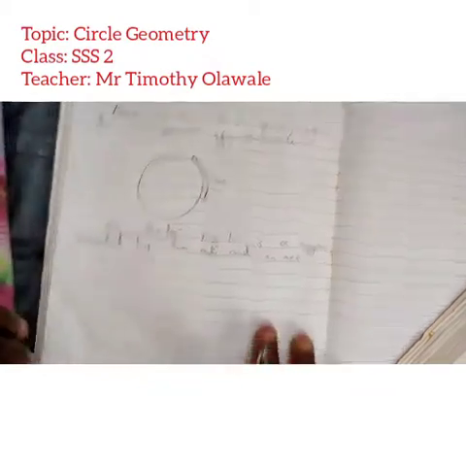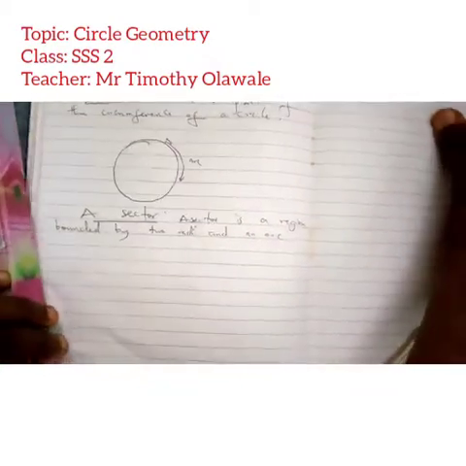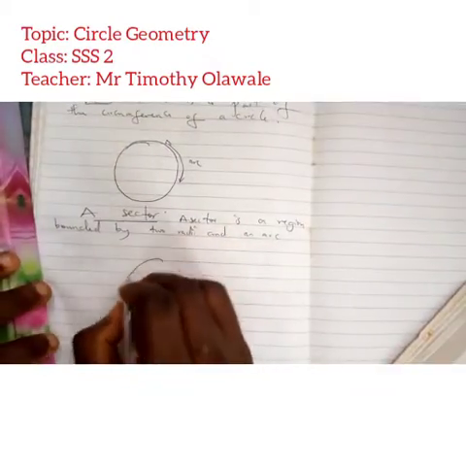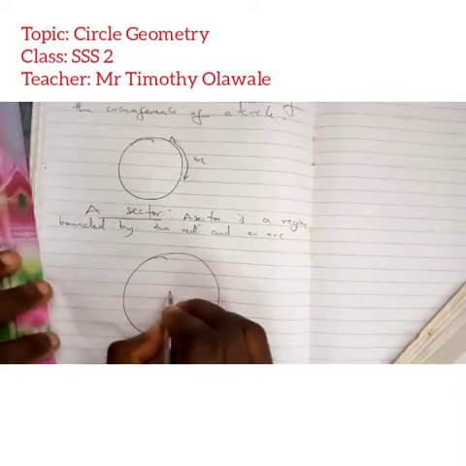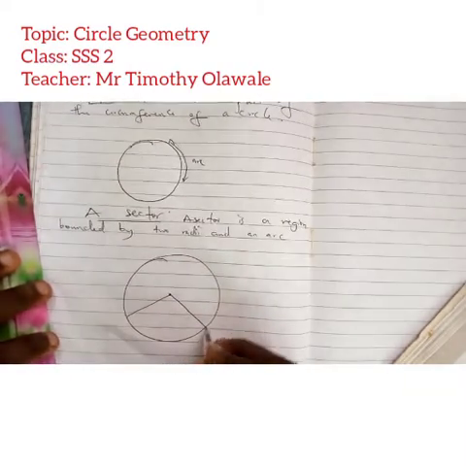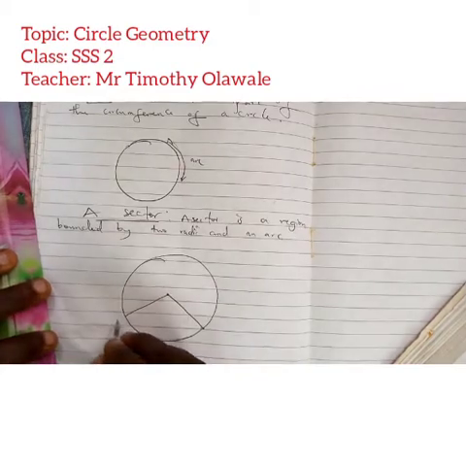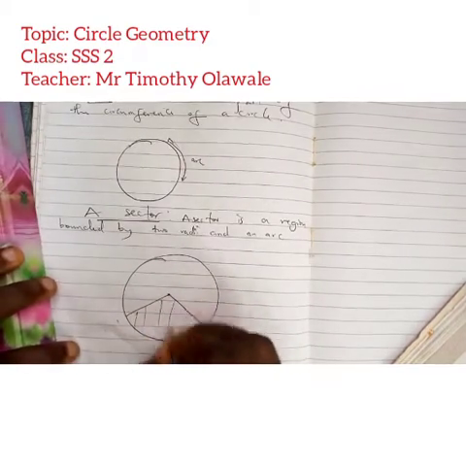I want you to look at this. We have two radii, then we have an arc. You see this? So this is a sector.